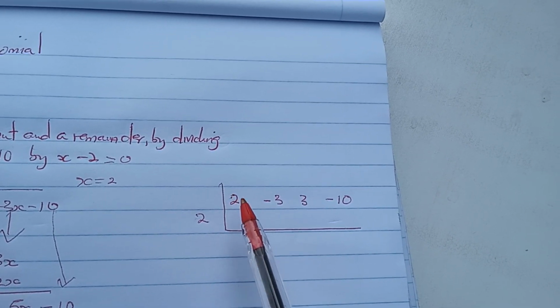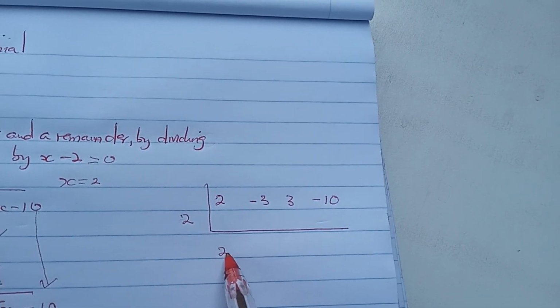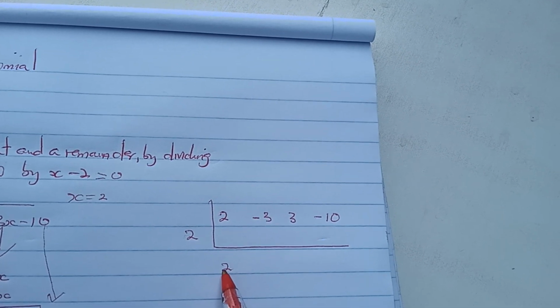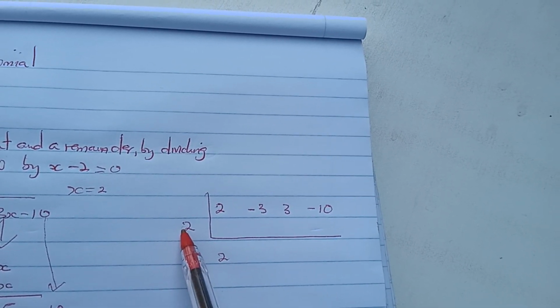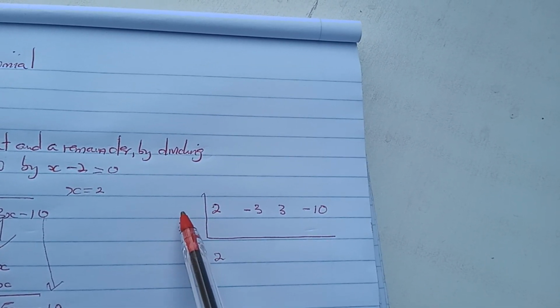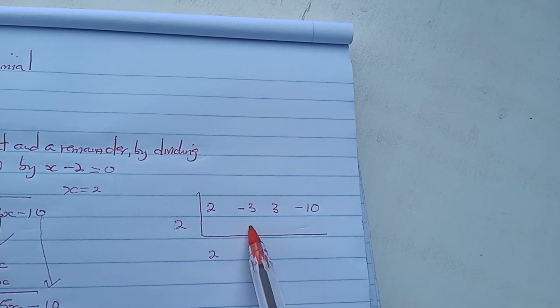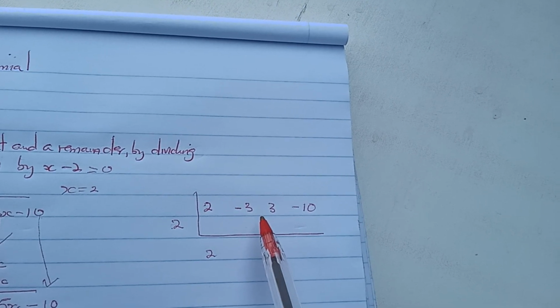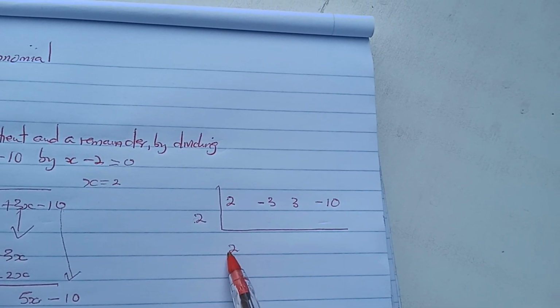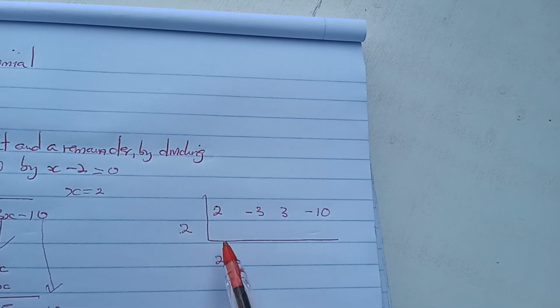The first thing you do is bring down the first term, which is a 2, and then multiply it by the value of x, which is 2. The answer you get, you write under the negative 3 and then add the column. So 2 by 2, the answer is 4.